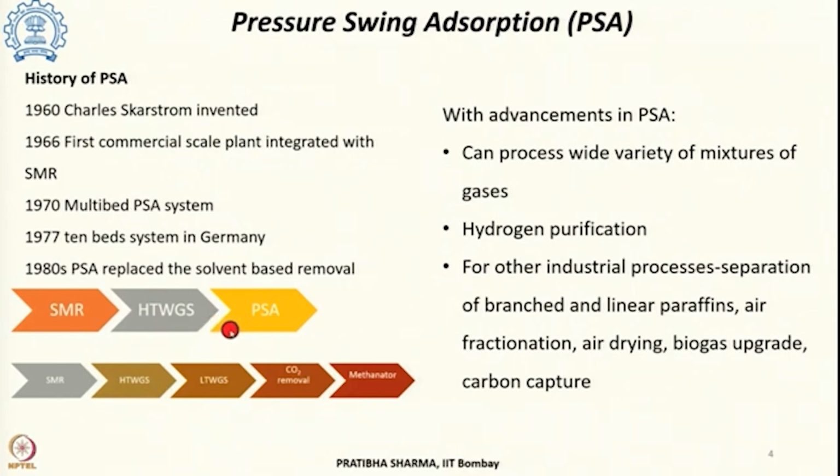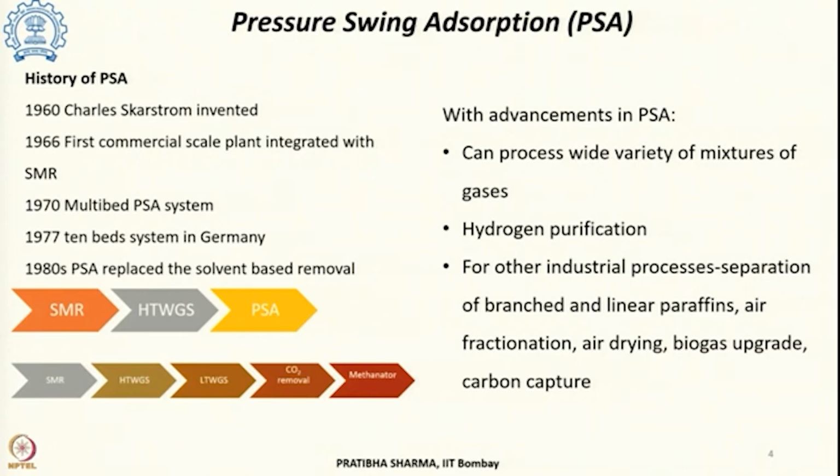And with time the process has seen several advancements. A wide variety of mixtures can be purified using this particular method. About 40 different types of gases can be separated using pressure swing adsorption.